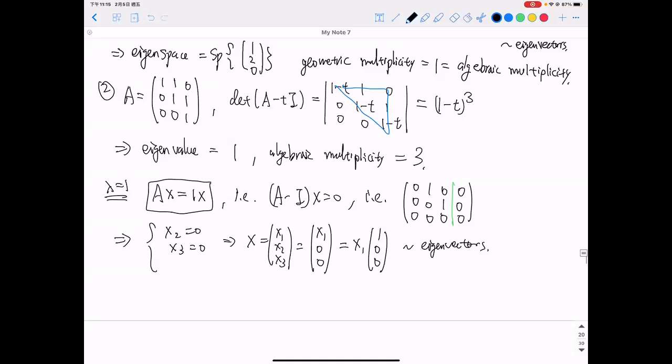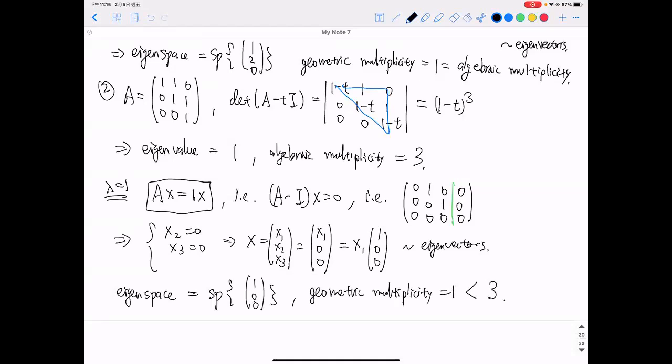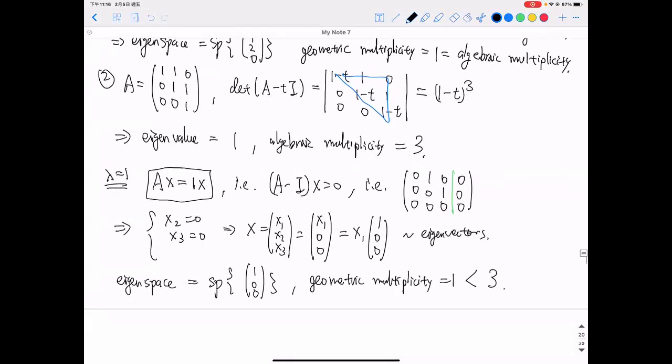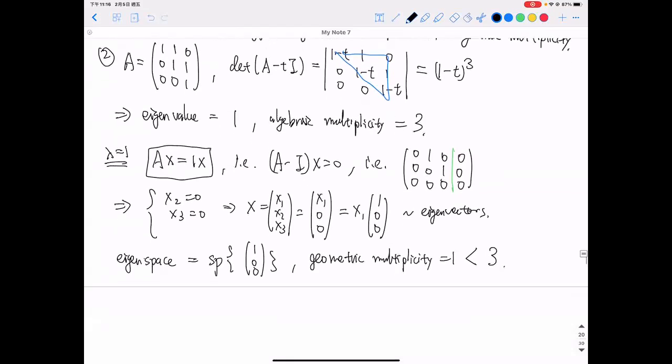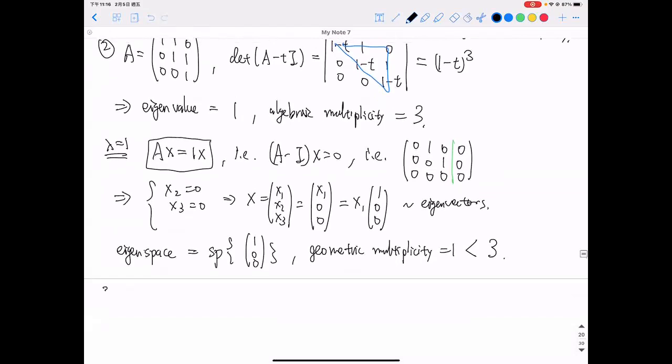Now, the eigenspace is therefore the span of this vector 1, 0, 0. Its dimension is 1. The geometric multiplicity is 1 in this case, which is strictly less than 3, the algebraic multiplicity. Okay, fine. That happens.